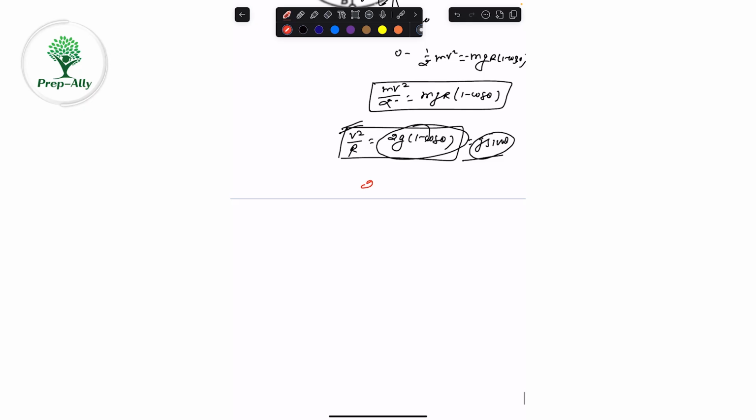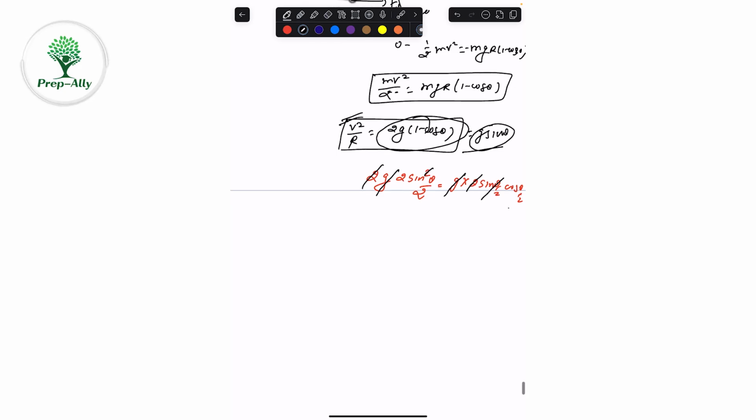If we solve this, we get 2g into (1 minus cos theta), which is the same as 2 sin square theta by 2. It is equal to g into 2 sin theta by 2 cos theta by 2. Now from here 2 gone, sin theta by 2 gone, g and g gone.